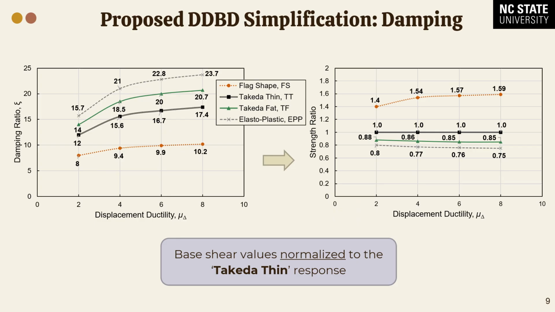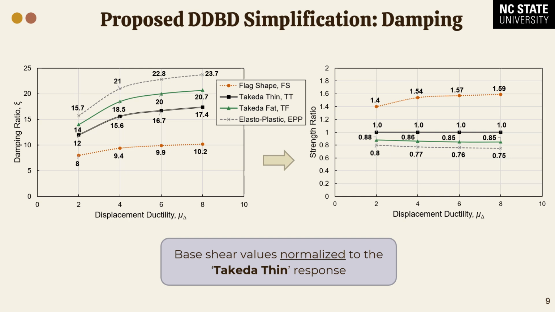Now, if we take that value of damping and we normalize it to the Takeda thin response, you see the values of damping on the left, and on the right you see what we're calling the strength ratio. Damping relates to eventually strength using the displacement-based design base shear equation. And if we determine what the strength is relative to the thin Takeda, we find something very interesting.